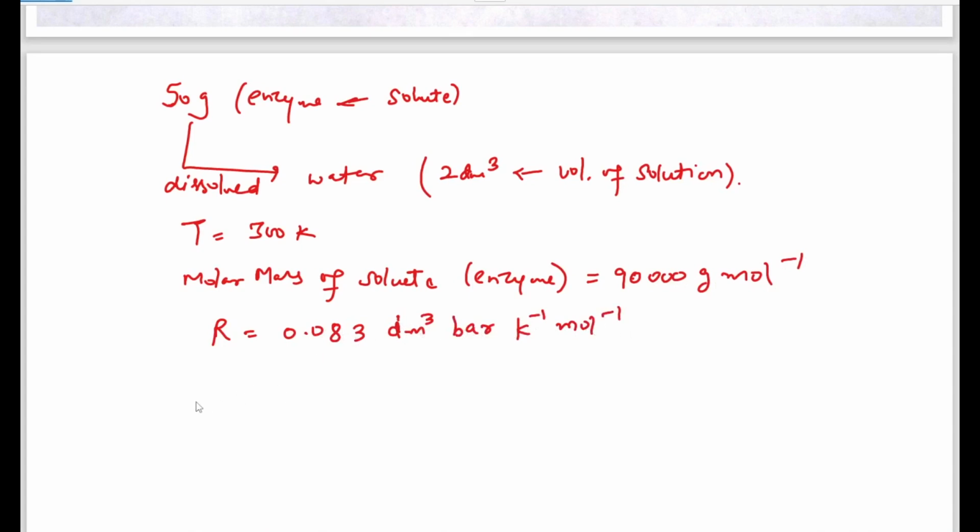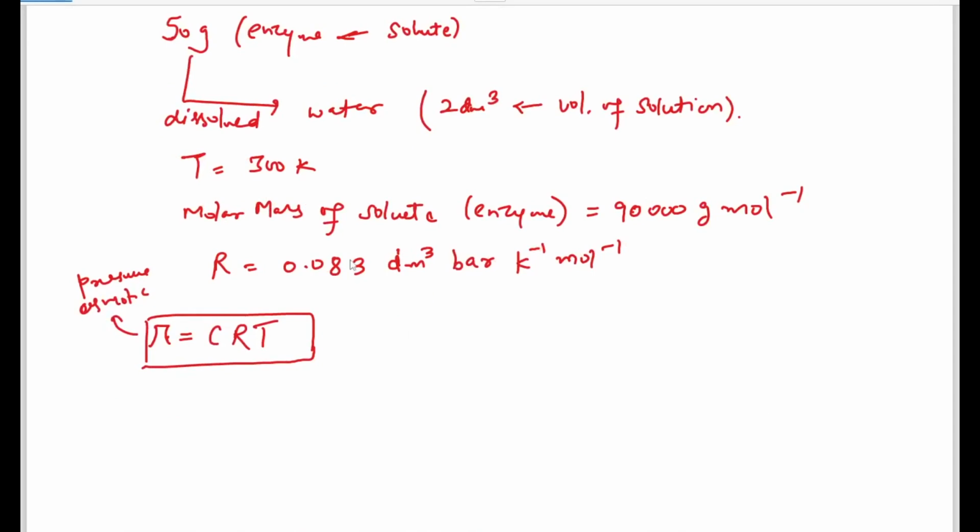Okay. So osmotic pressure. Pi is osmotic pressure, and that is equal to CRT. Clear? This is the relation for the osmotic pressure: pi equal to CRT. C is concentration, R is gas constant, and T is temperature.